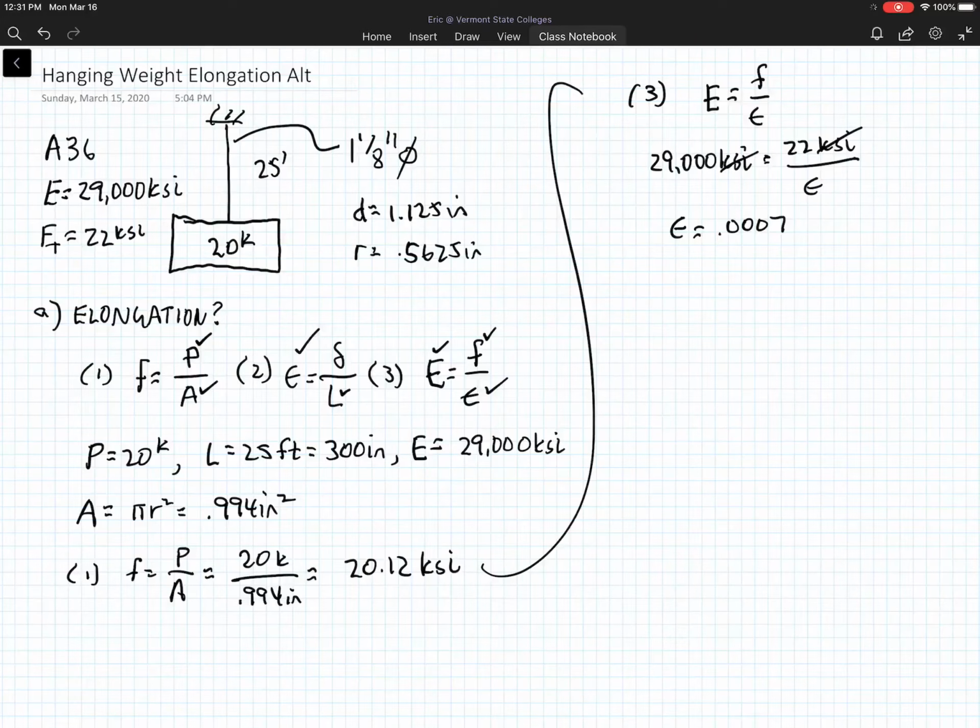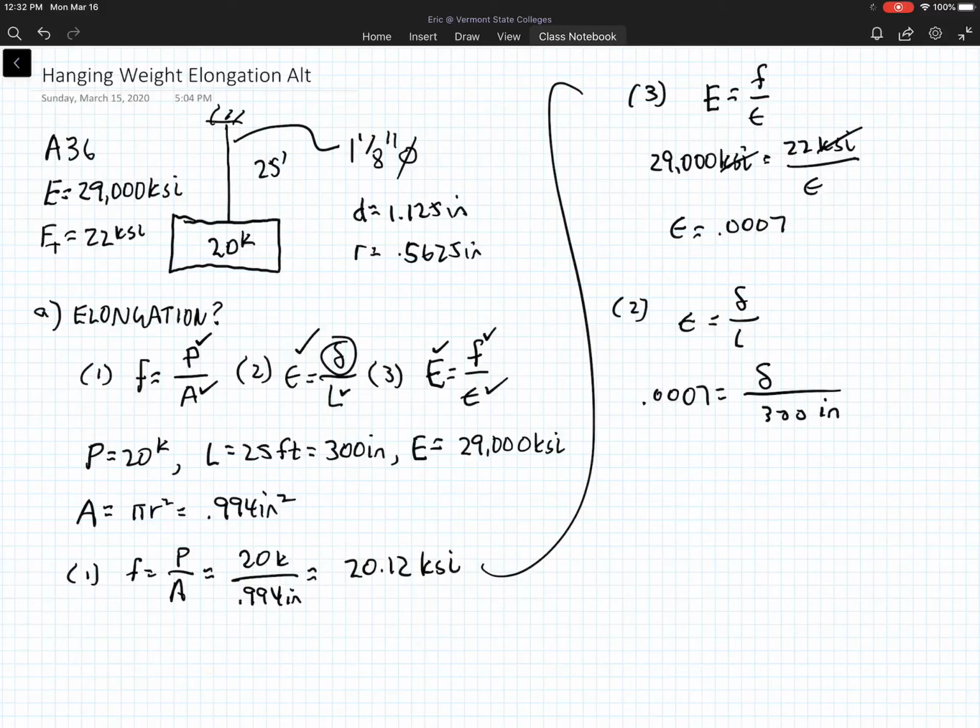Now we're going to look at, once again, we know the strain. Now we're going to say equation 2, I can get the elongation, which is what I was looking for in the first place. So the definition of strain is elongation divided by length. 0.0007 is equal to the elongation divided by 300 inches.